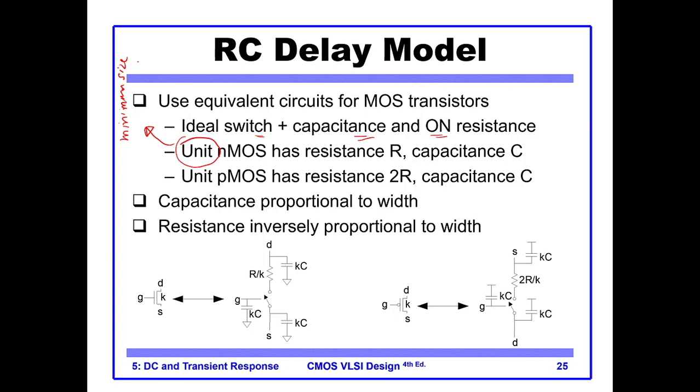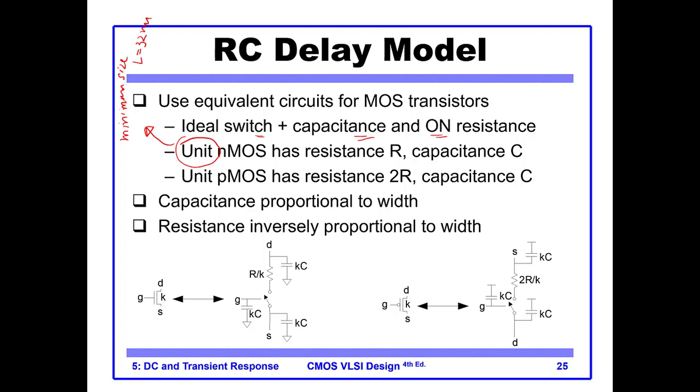For example, by technology I mean, let's say we are talking about L of 32 nanometer. So what is the smallest NMOS that we can manufacture in 32 nanometer? That is called a unit NMOS. Similarly, what is the smallest PMOS that we can manufacture in 32 nanometer? That is called a unit PMOS.